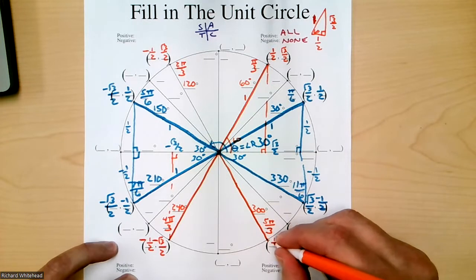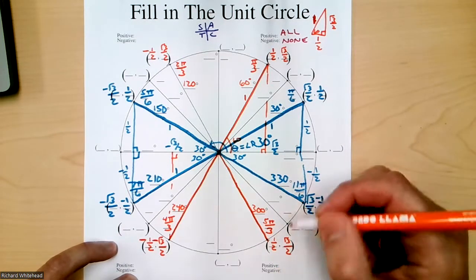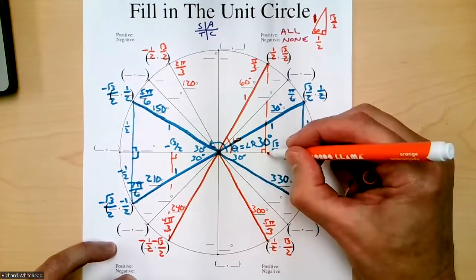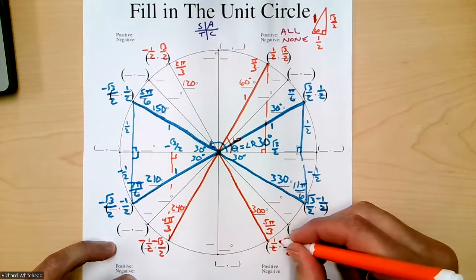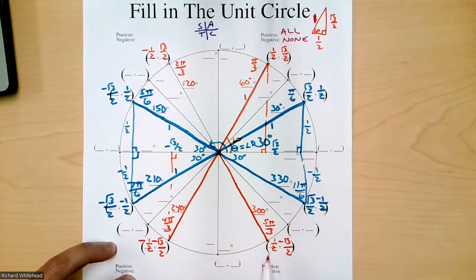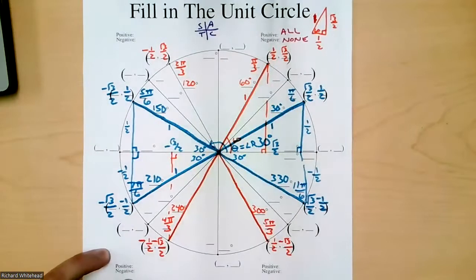Once again, the same numbers, except I'm going to the right for x, so x is positive, but it's down for y, so that's negative. So now I'm positive, negative like that. So that's our 60-degree references.